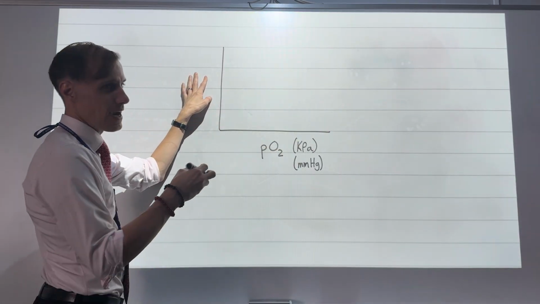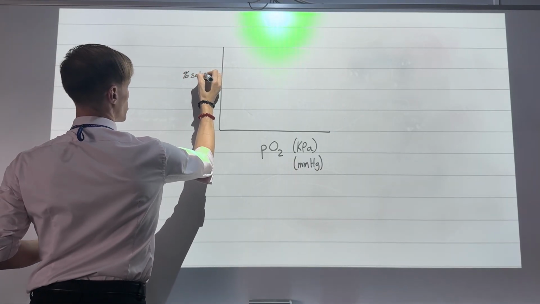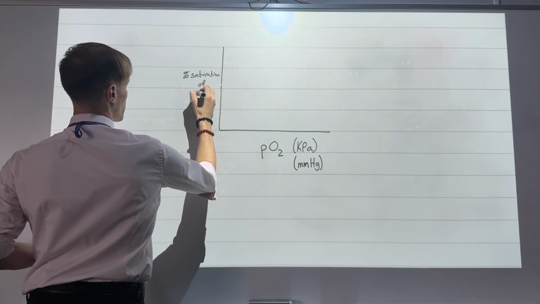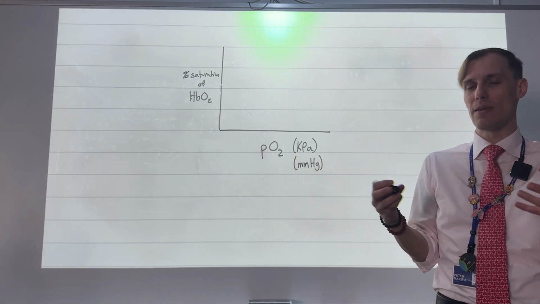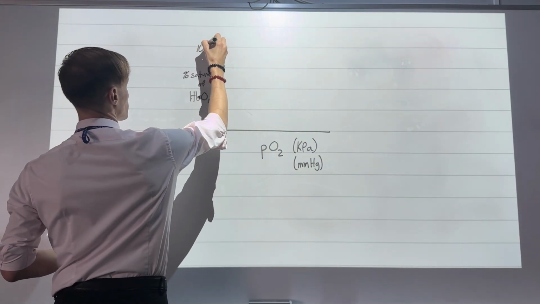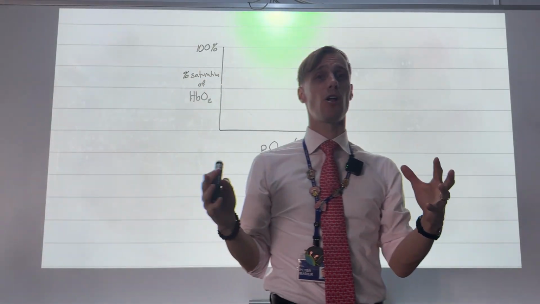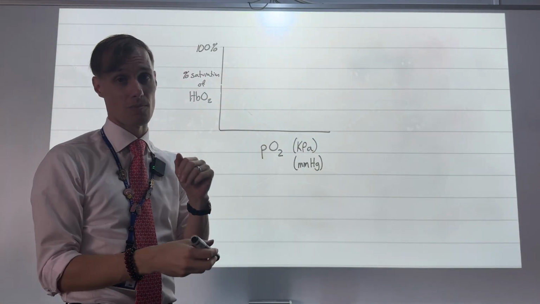Now on the y-axis is going to be the percent saturation of oxyhemoglobin. Basically, what percentage of hemoglobin is bound to oxygen. So at 100% saturation, that means every single hemoglobin molecule is bound to an oxygen molecule, or 4 oxygen molecules.